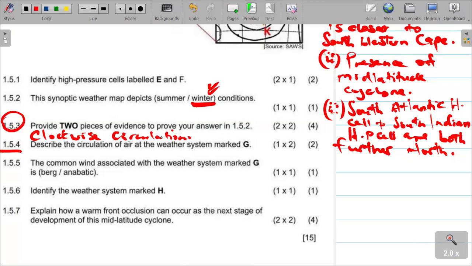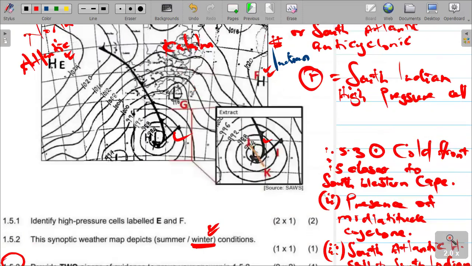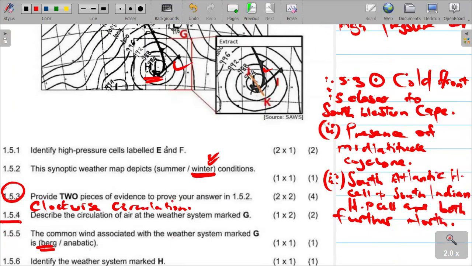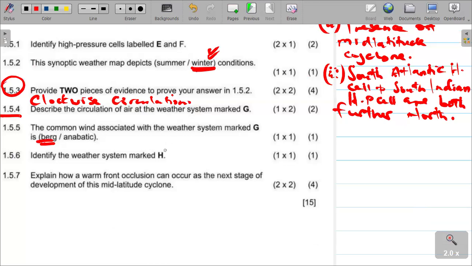And then next, it says describe the common wind associated with this one. It is associated with the berg winds. And then identify weather system H. H is a mid-latitude cyclone, as you can see. I have already marked it that it's a mid-latitude cyclone, which we can see there.